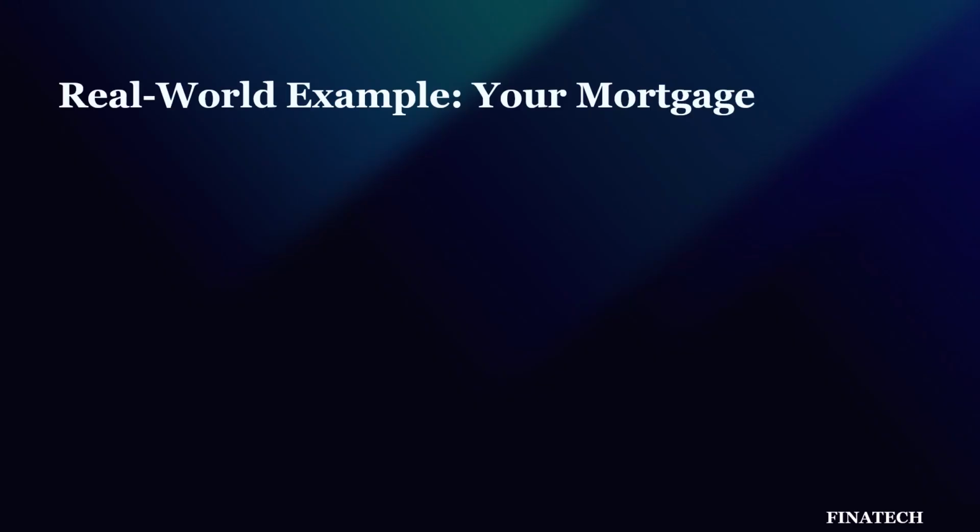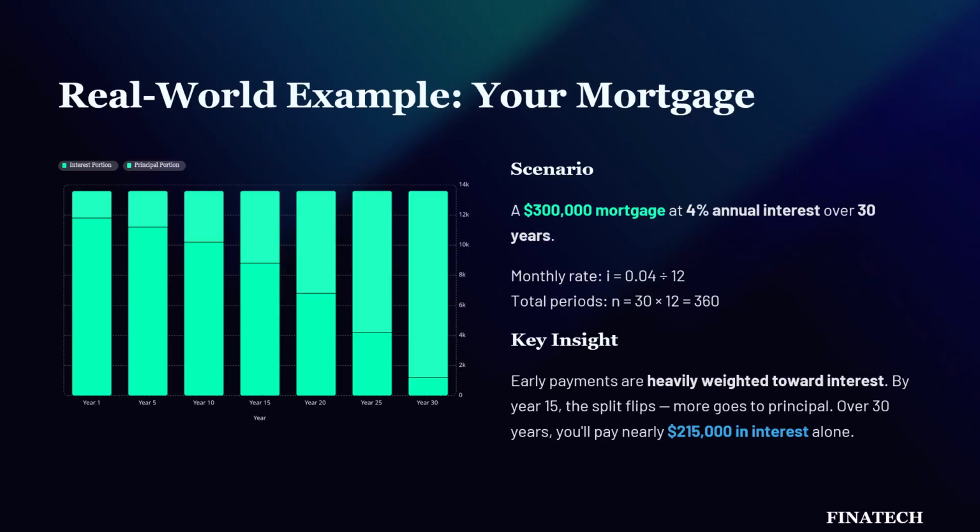This is the real example. This is a scenario. A $300,000 mortgage at 4% annual interest over 30 years. After your calculation of your mortgage, you could loan 300,000.